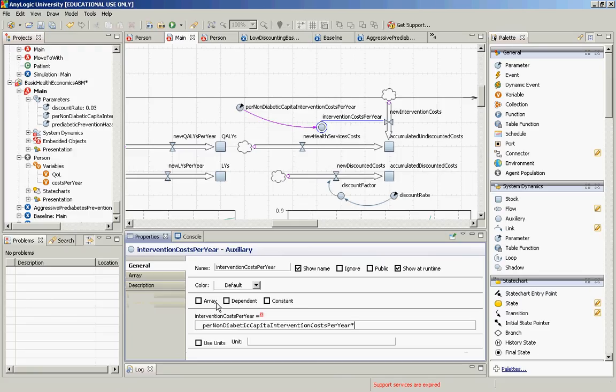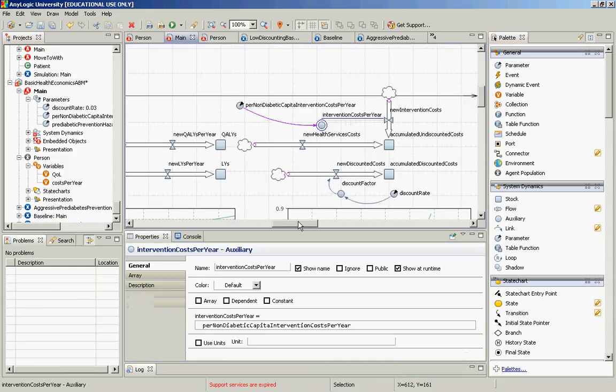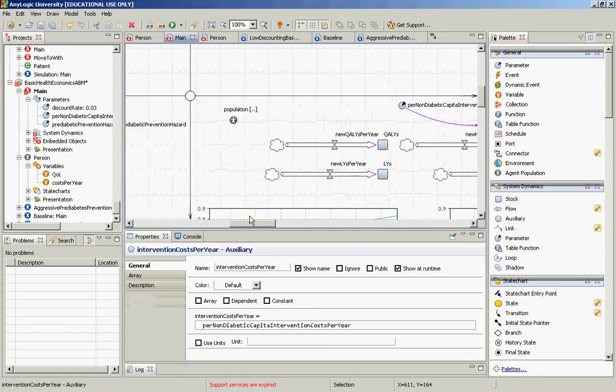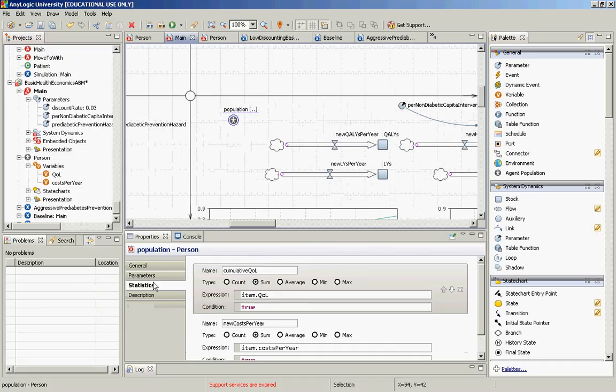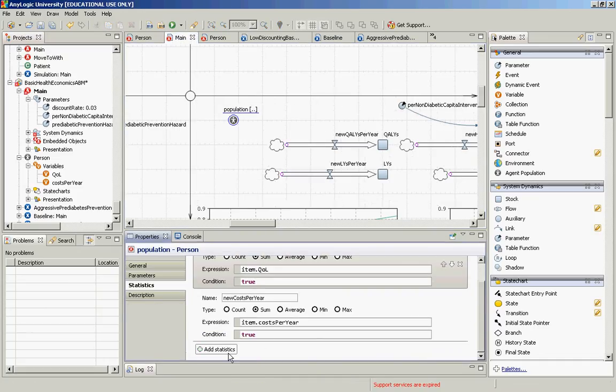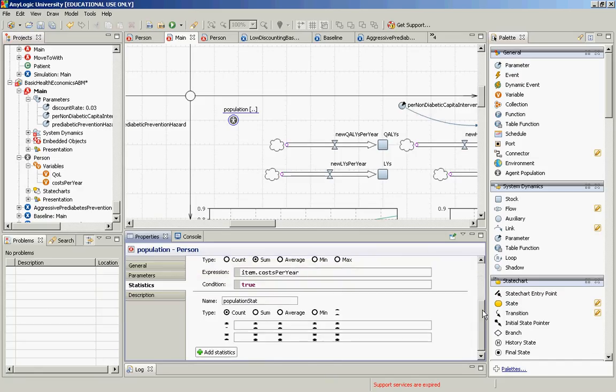Okay, now how are we going to get that? Well, we're going to have to compute a statistic. Over here in the population, we could go add a statistic. Now, statistics don't tend to scale very well once you start breaking the population down by many different things, or if you're calling them very frequently, but for simplicity, I'm going to show them here.